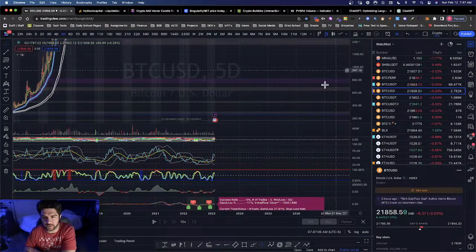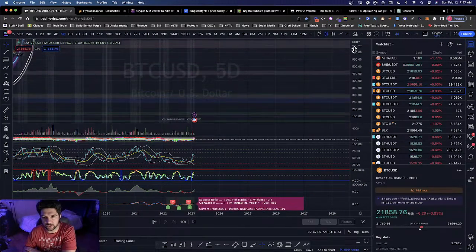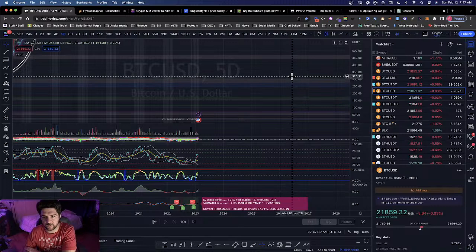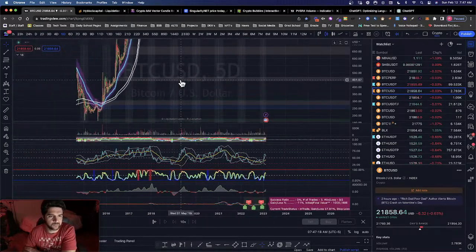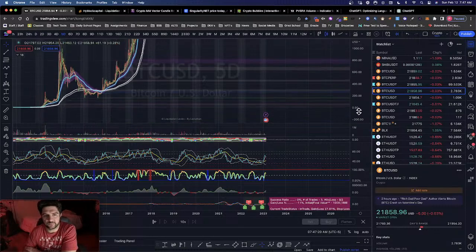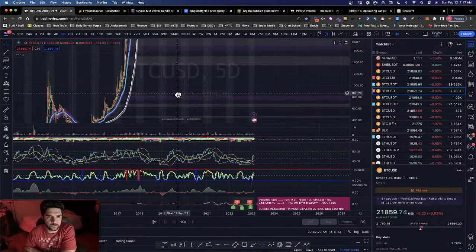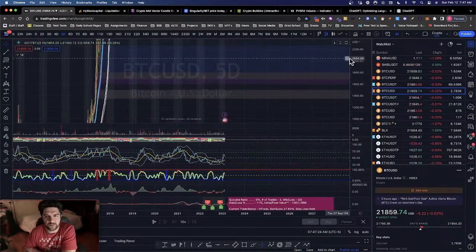The last long he built, which he won't come past in my opinion, is right here. He's long here at $300. Bitcoin going that low? I doubt it. I really do. But there's no guarantees, right?